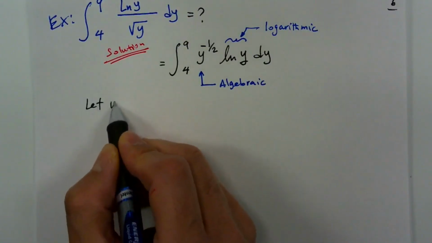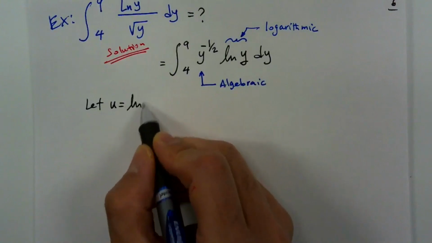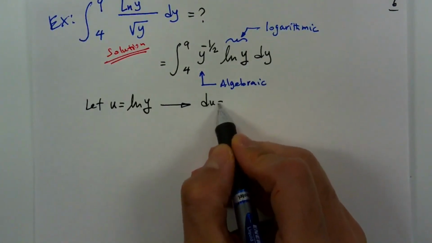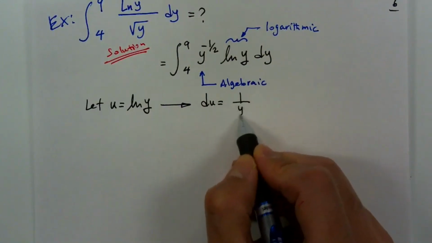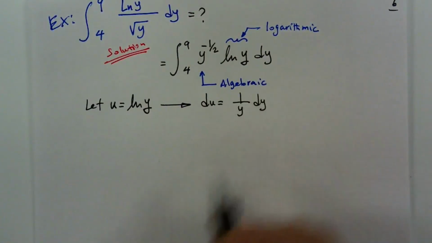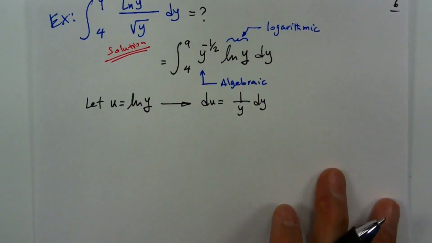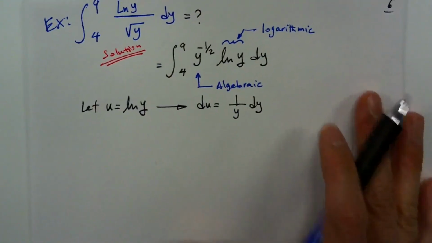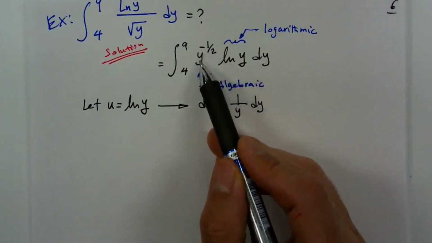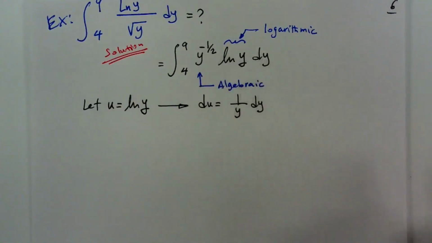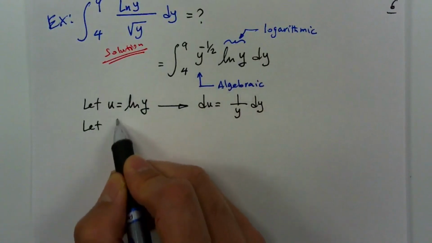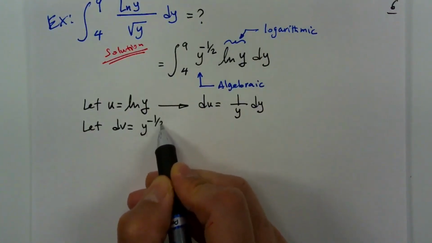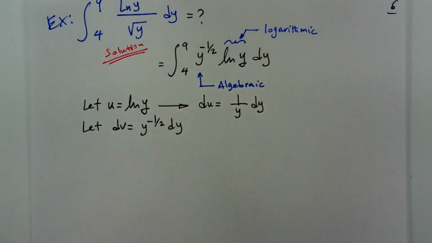So let u be natural log of y, and of course we know that du would be equal to 1 over y dy. And then dv naturally would be the rest of this, which would be y to the negative 1/2 dy. So let dv be y to the negative 1/2 dy.